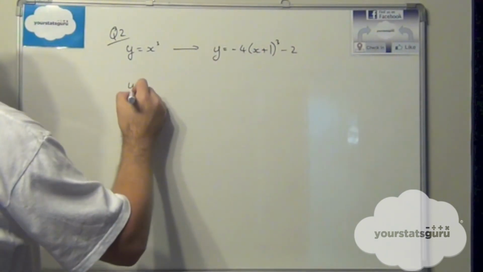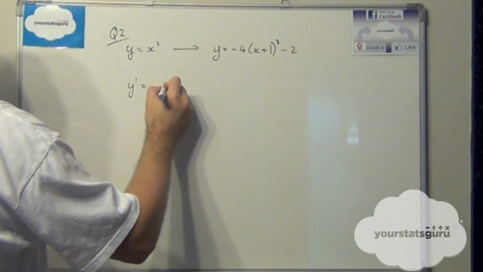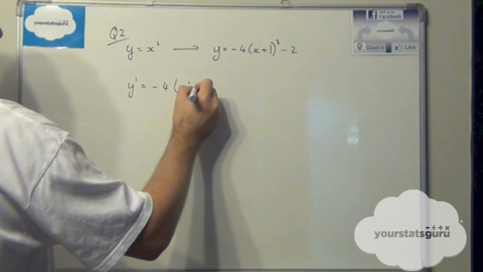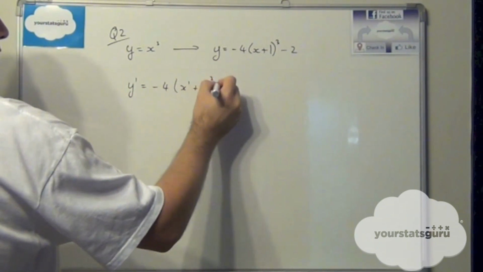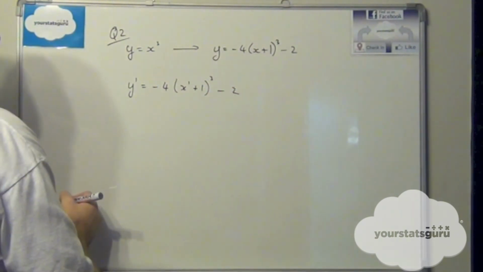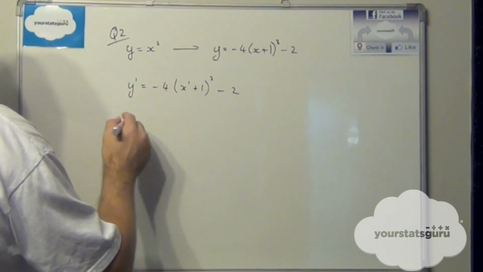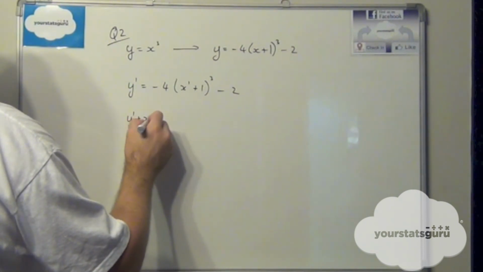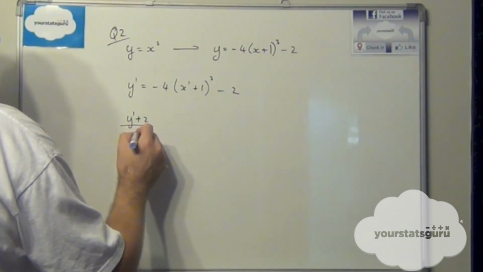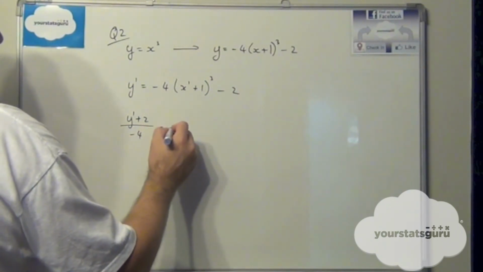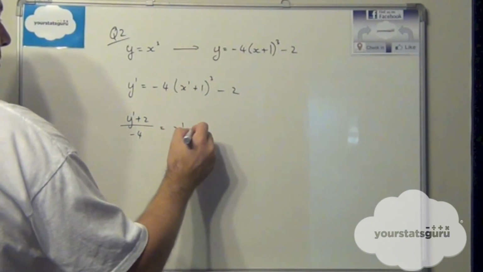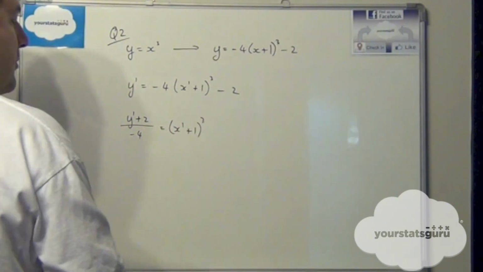So you have y prime is equal to negative 4 bracket x prime plus 1 cubed minus 2. You're then required to rearrange this so this becomes y prime plus 2 divided by negative 4 is equal to x prime plus 1 cubed.